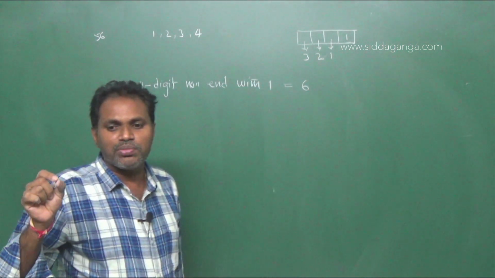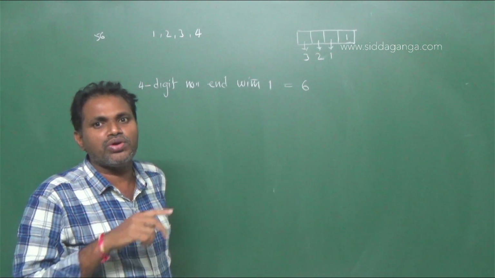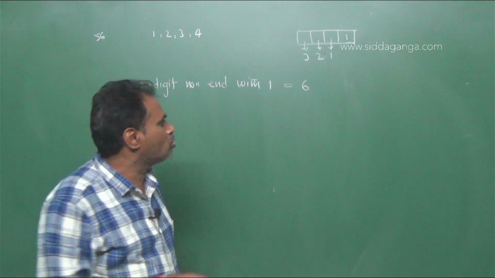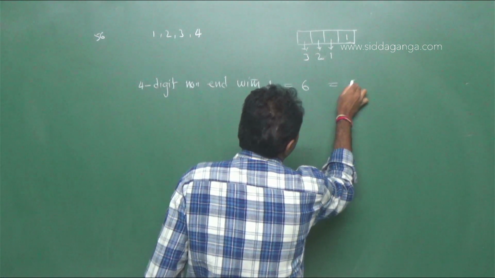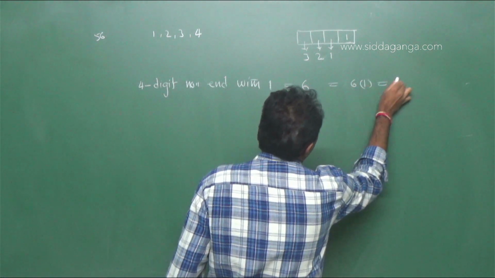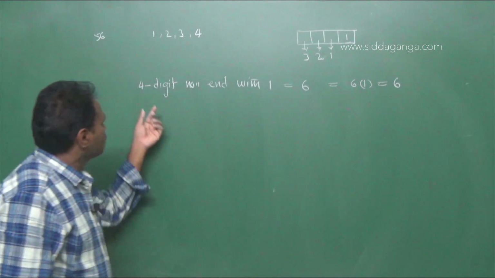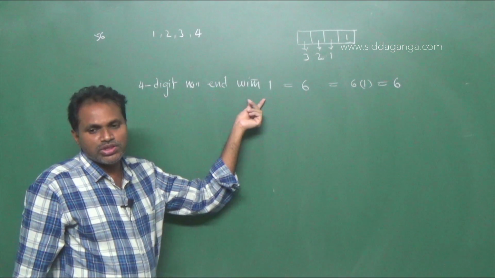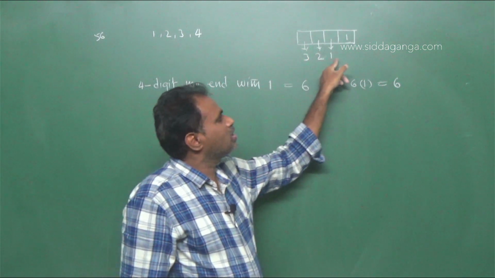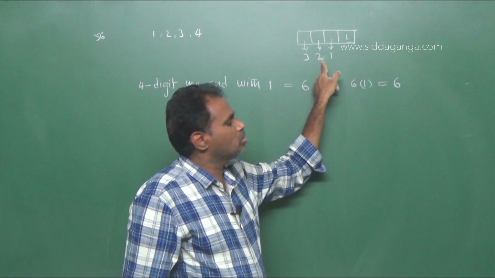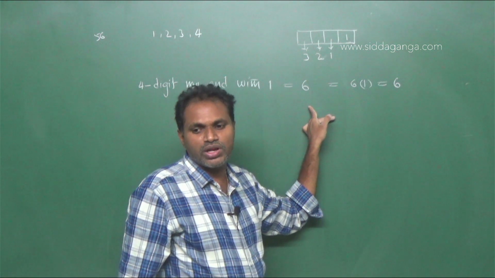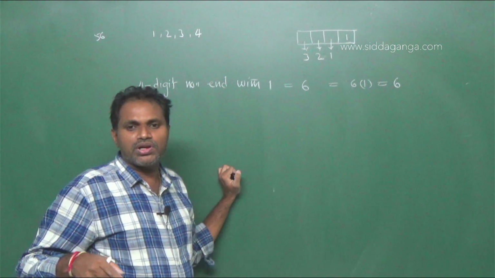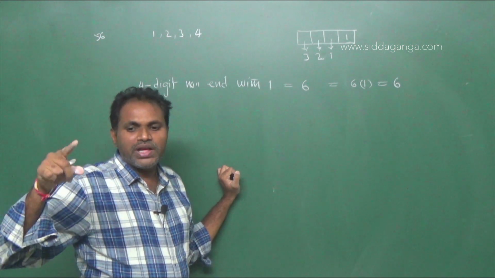Therefore, in each number the unit place is 1. Therefore, the sum of the unit digits for numbers ending with 1 is 6 into 1, which is equal to 6. Those 6 numbers end with 1, so in those 6 numbers the unit place is 1.